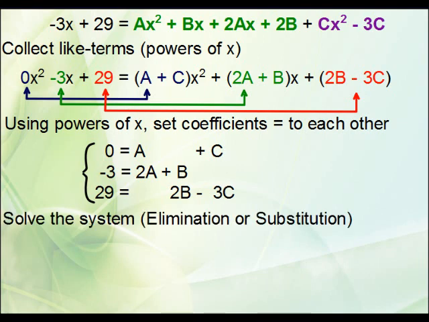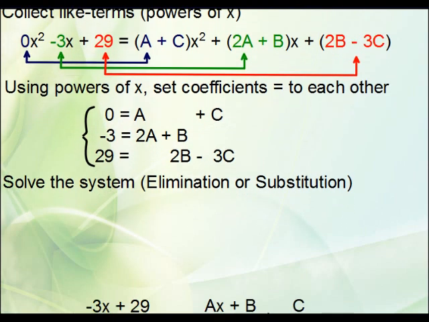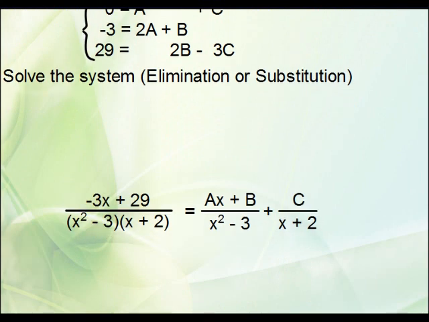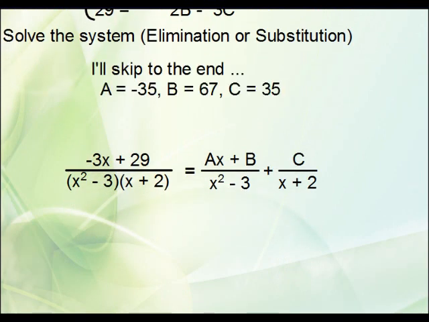So now that we have this system, we can go ahead and solve it using elimination or substitution, however you wish to do it. Assuming you can do it, how about we just go ahead and skip to it. So we got A is negative 35, B is 67, and C is 35.